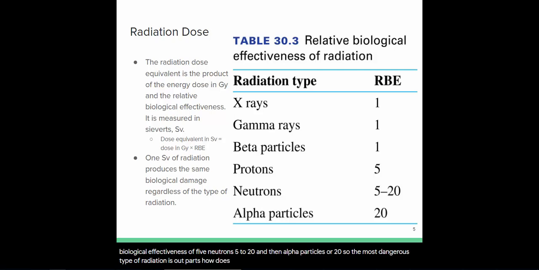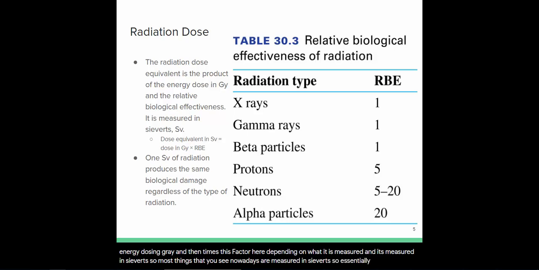Because it says right here, the radiation dose equivalent is the product of the energy dose in gray times this factor here, depending on the type, and it's measured in sieverts. So most things that you see nowadays are measured in sieverts.